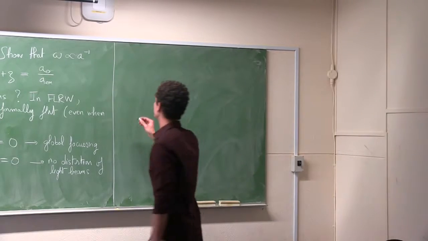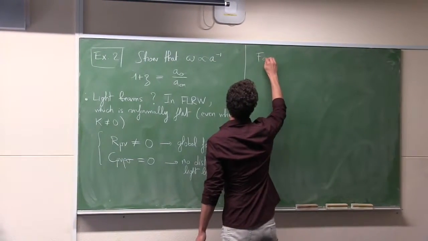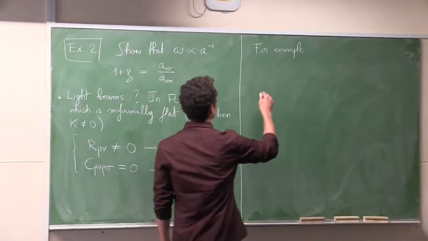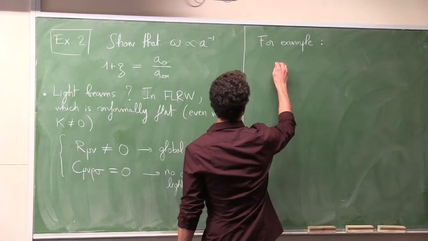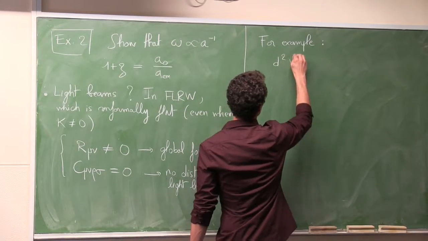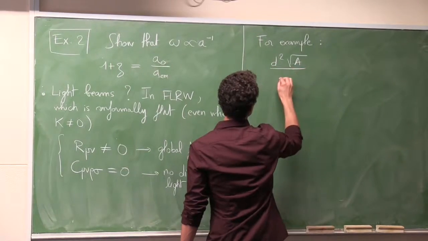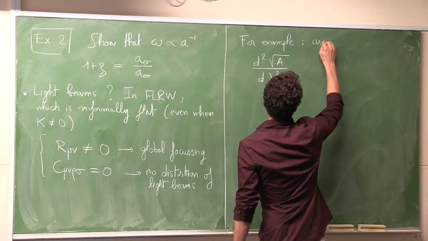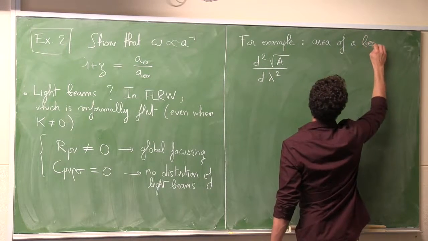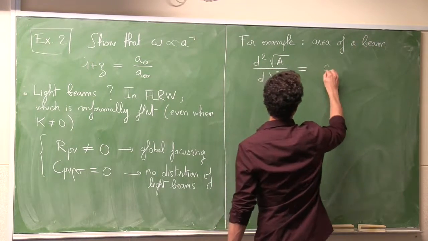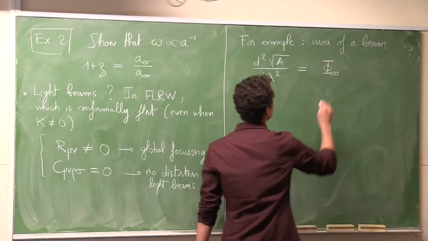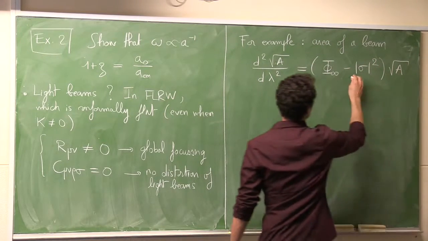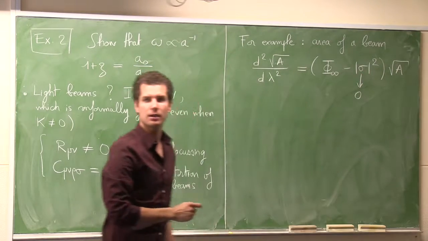All right. So a way to write this could be just to use one of the equations that we have obtained in lecture 2. To illustrate, for example, if you look at the area of the light beam, you remember that we had this relation that we derived for the square root of the area of the beam, which was given by this Ricci focusing term minus sigma squared square root of A. This thing is 0 because there is no source of shear.